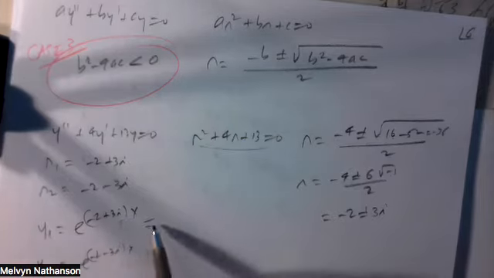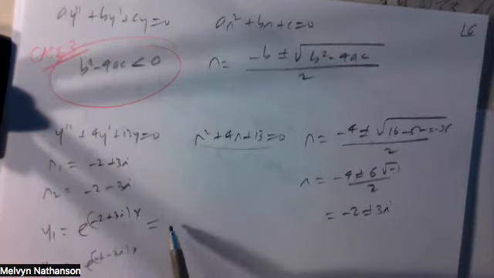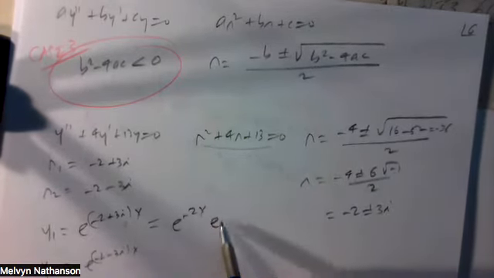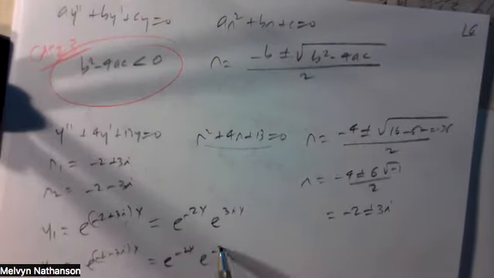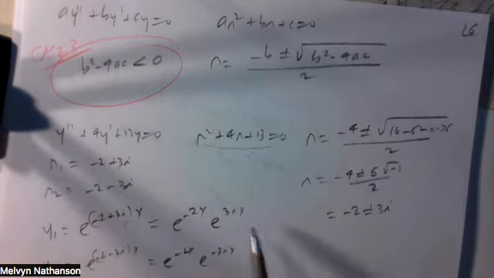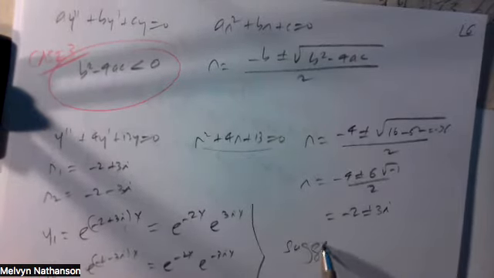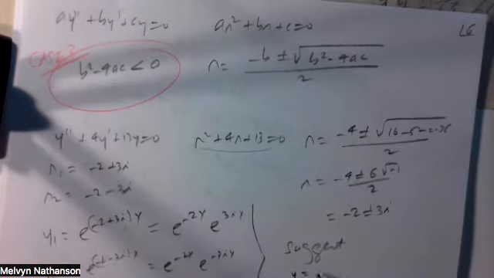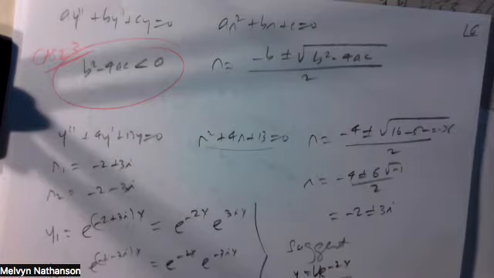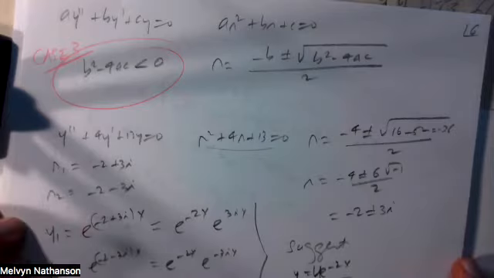You could think, if you had the usual rule for exponents, this is e to the minus 2x, e to the 3ix, and this is e to the minus 2x, e to the minus 3ix. And this suggests maybe we should look for a solution of the form y equals e to the minus 2x times some function u. So let's try that and see what happens.